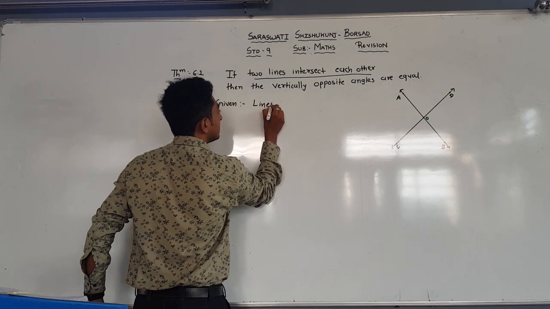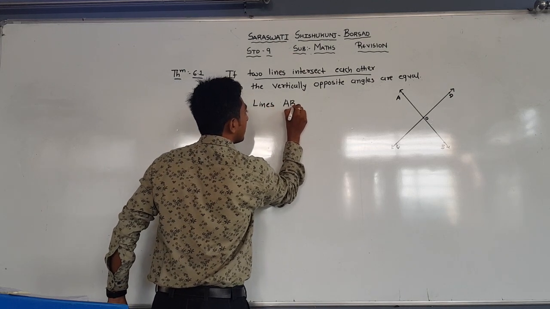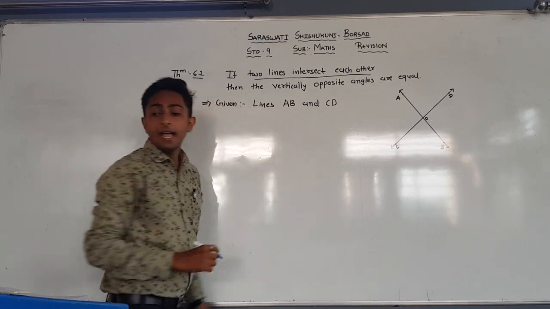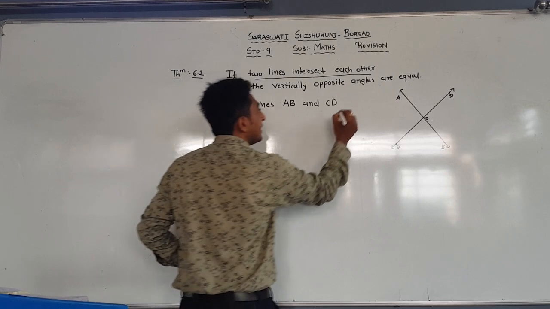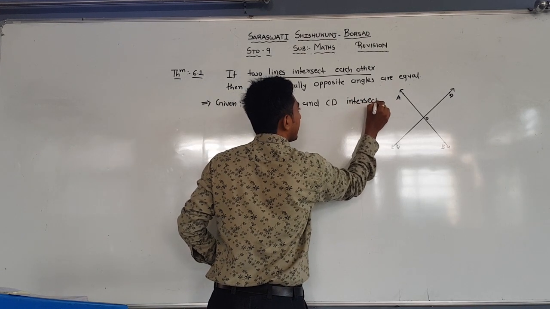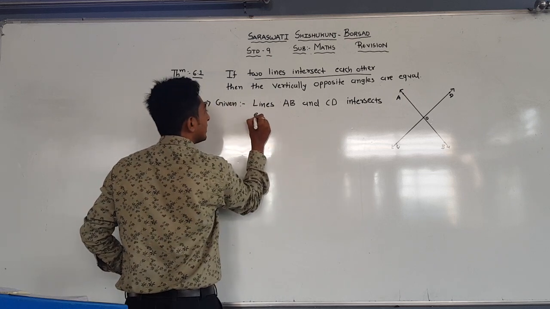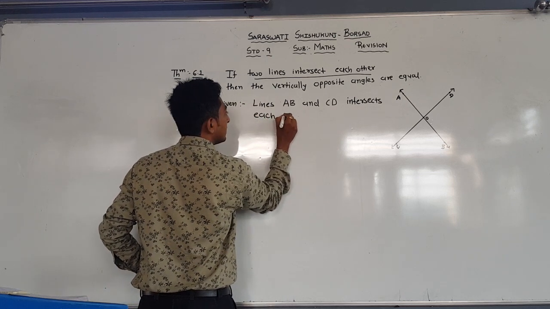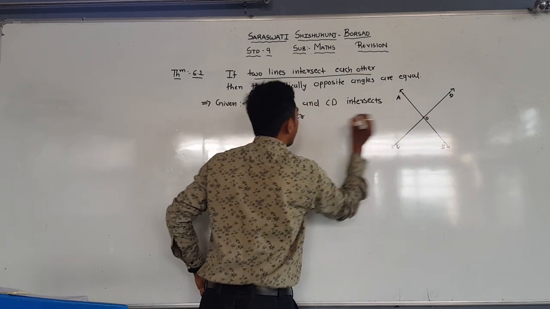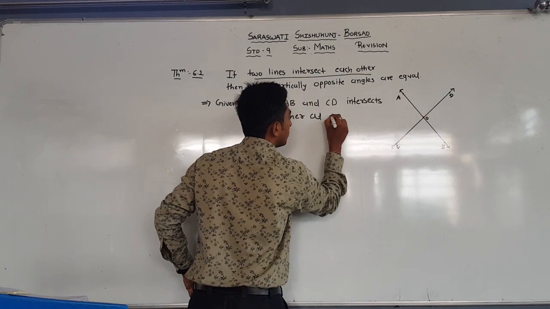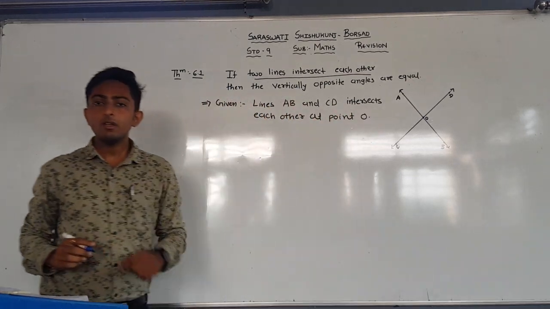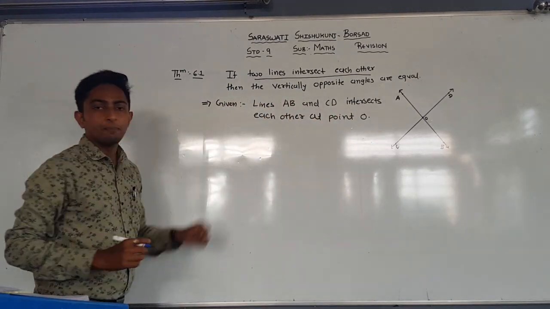Lines AB and CD intersect each other at point O. Okay, now this is the given part.